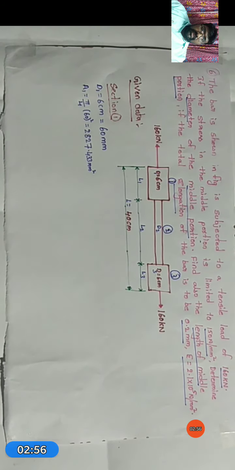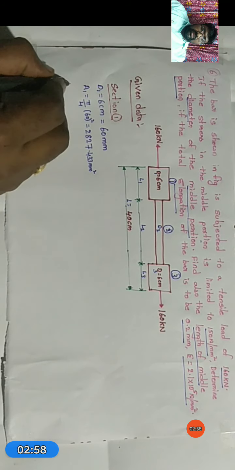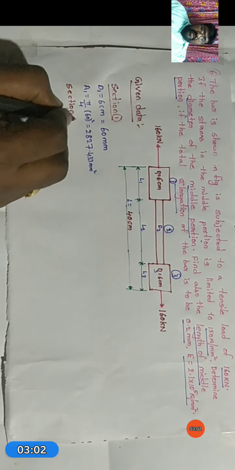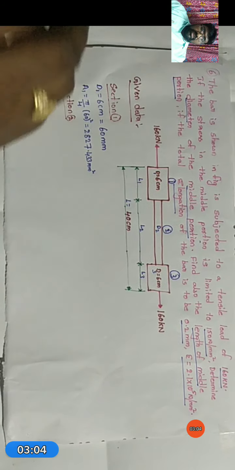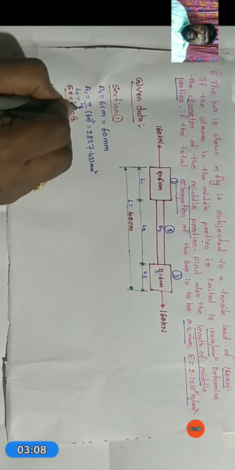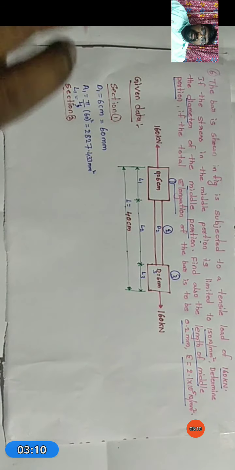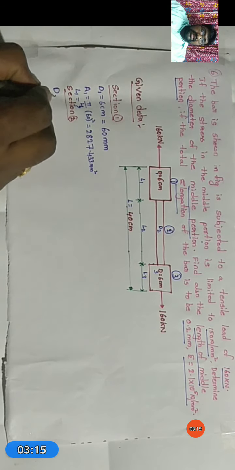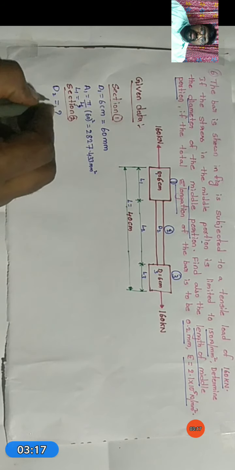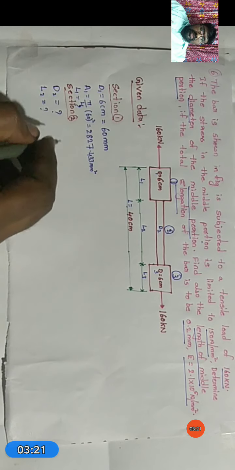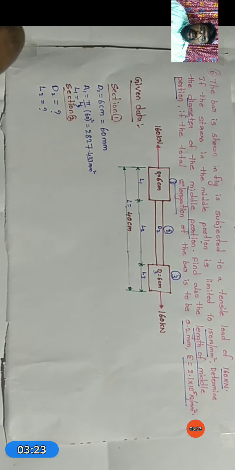In section 2 we don't know the diameter, we need to calculate the diameter. They have given only the maximum stress in the middle portion. Diameter and length we need to calculate.